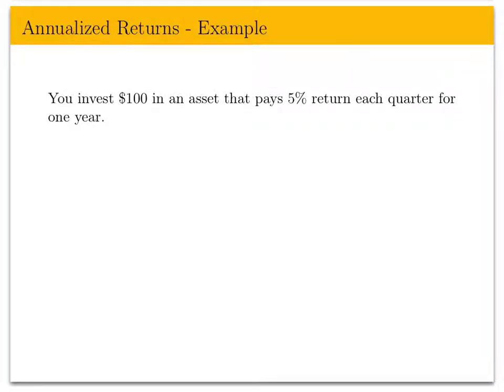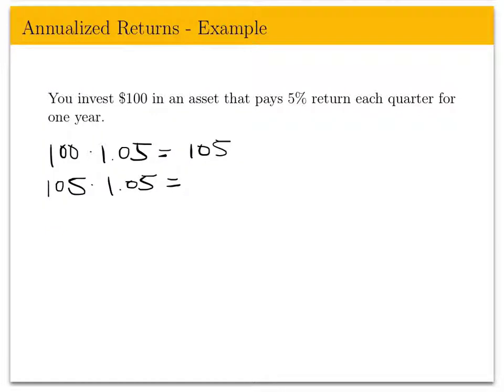Let's say that you have an asset that promises to pay a 5% return for each quarter over the next year, and that you have $100 that you'd like to invest in that asset. Then, after 1 quarter, starting with $100, you would have $105. And reinvesting the 100 and the 5 for an additional quarter, after 6 months, after half a year, you would have $110.25.